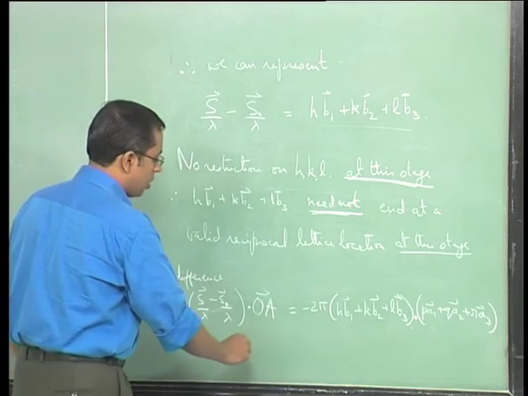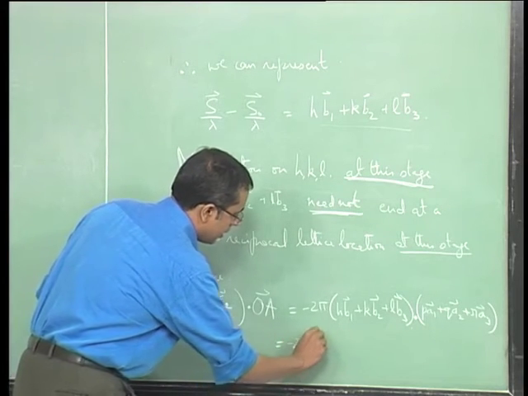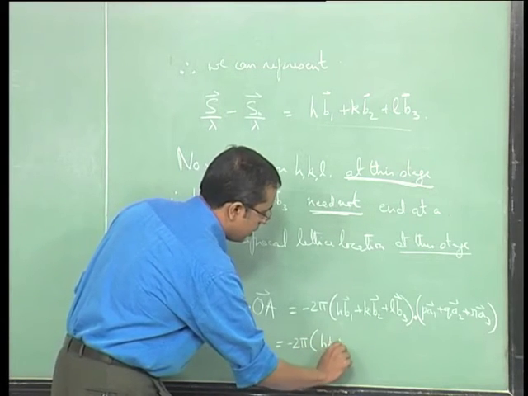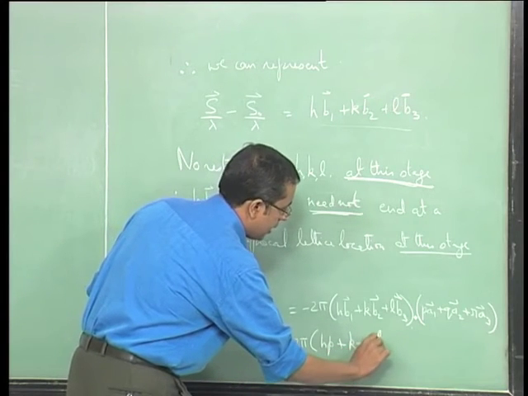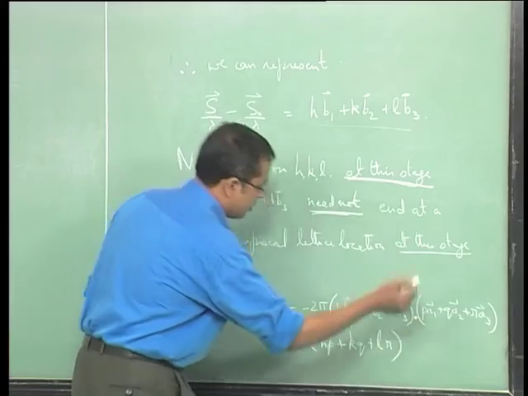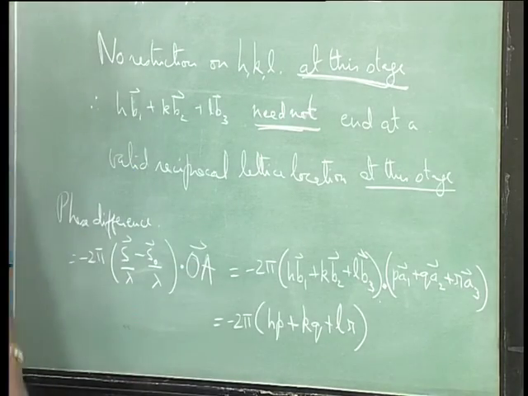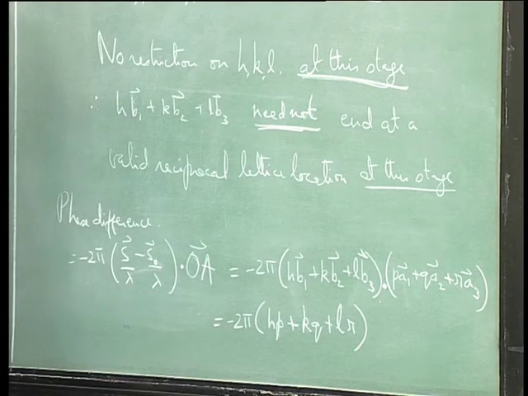So if you do take the dot product, this is equal to minus 2 pi times (hp plus kq plus lr), of which p, q and r are integers, h, k and l could be anything. Now for constructive interference, we have this phase difference.